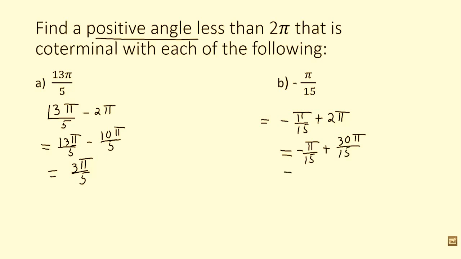So now adding, I have a minus 11 pi, minus pi over 15 plus 30 pi over 15. What are we getting? We're getting a positive 29 pi over 15. So therefore, an angle that measures 29 pi over 15 is coterminal with the angle that measures a negative pi over 15.